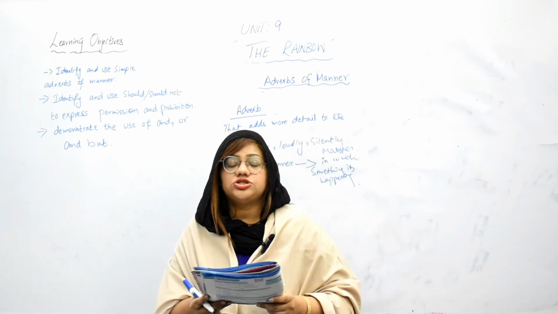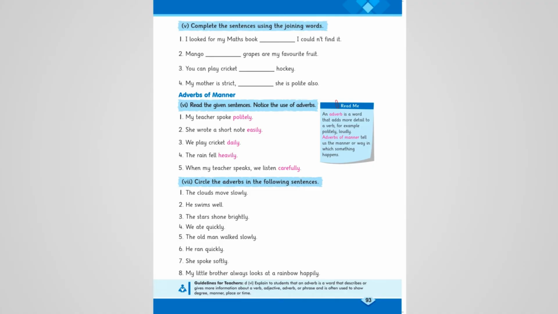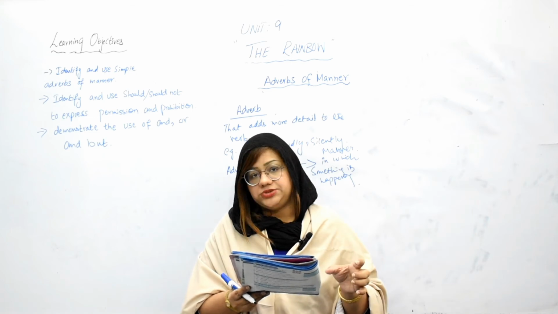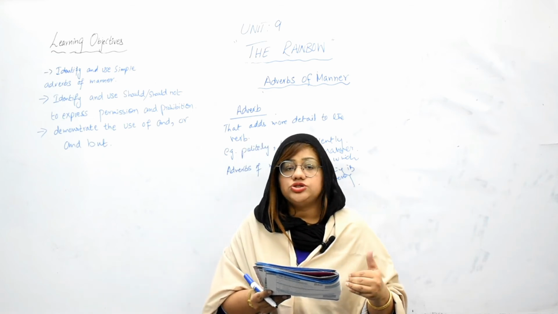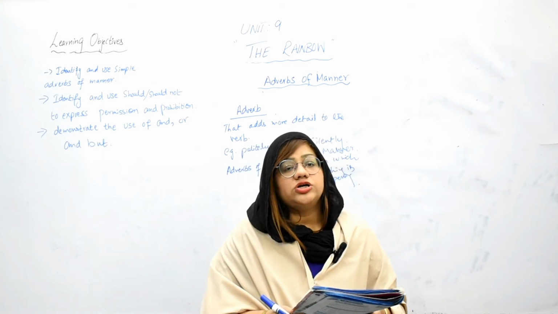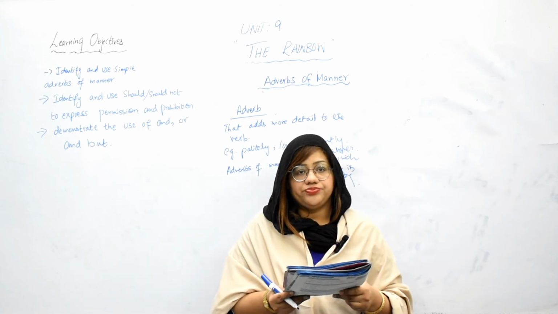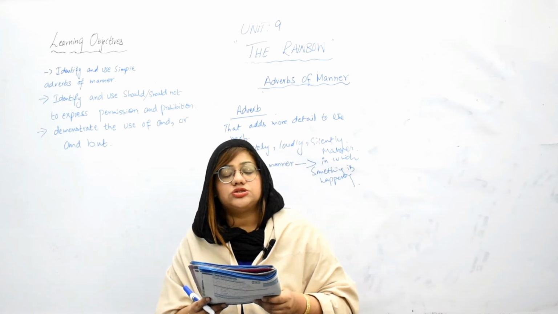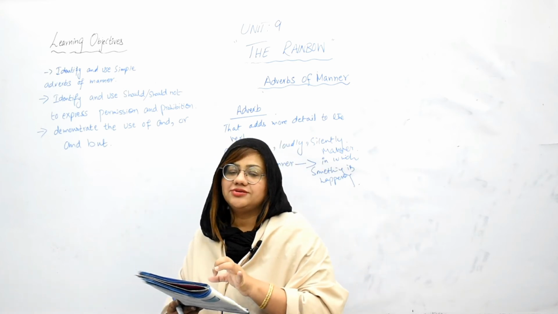Now look at page number 93 of your textbook. Circle the adverbs in the following sentences. There are sentences given in your textbook. You need to circle the adverbs. It means that we need to identify the adverbs in the following sentences. Now look at number one. The clouds move slowly.